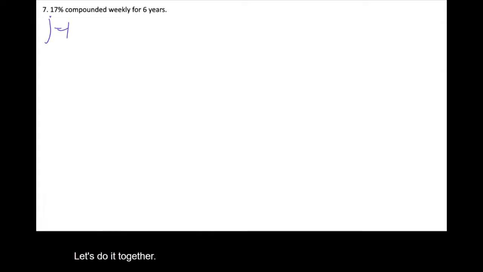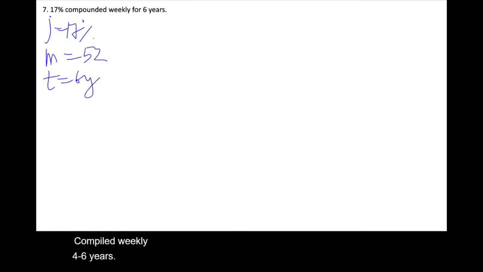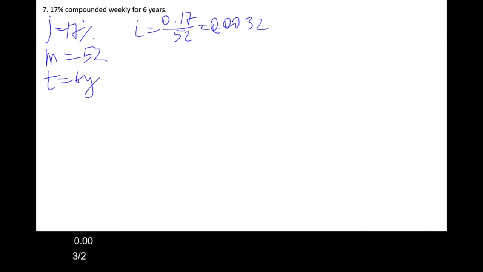Okay, let's do it together. J is 17%, compounded weekly for 6 years. So i is 0.17 over 52, which is 0.003269231.